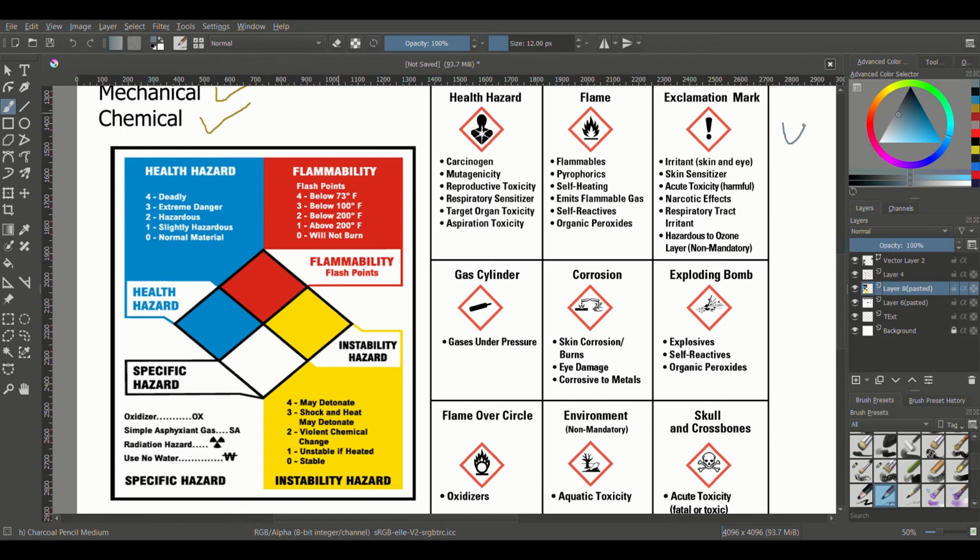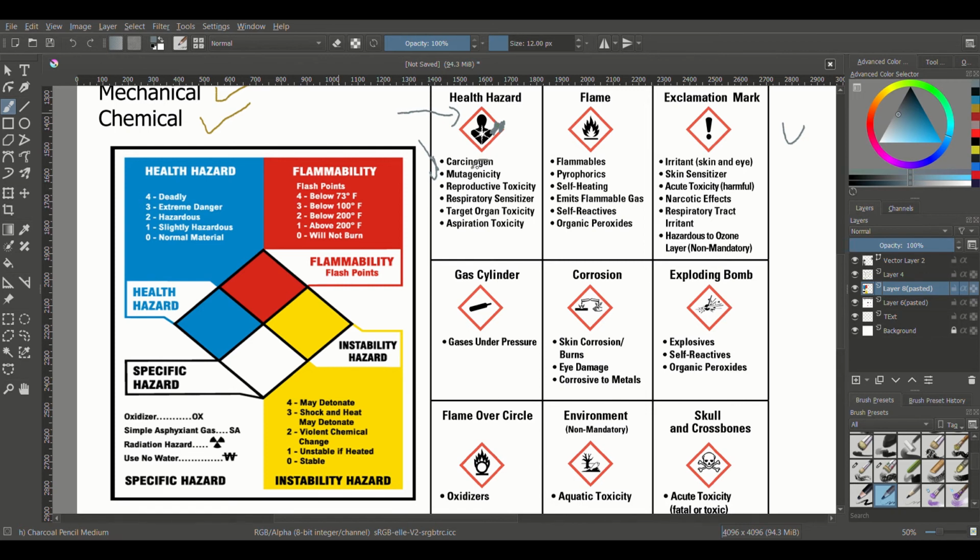Essentially this is a way of using symbols to tell us other things about the chemical so that there are not as many words. What that allows us to do is to be a little bit more accessible for some folks. And also it allows us to have a large picture when, let's say, a little piece is missing. Maybe a piece of the label's been knocked off. That label should be replaced, but until it is, you can still tell what it is.